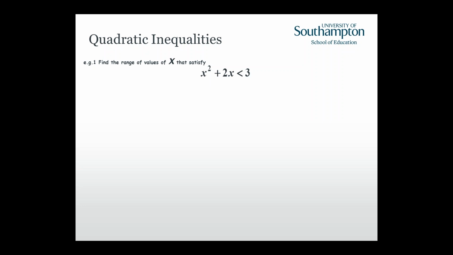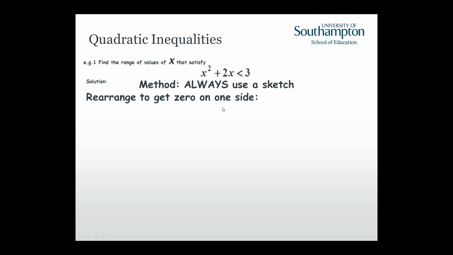Now, because it's a quadratic, there might be 2 different ranges, or just 2 ends to a range. So it either captures it in the middle. So you have to rearrange it to get 0 on one side, as you always have to do with a quadratic.